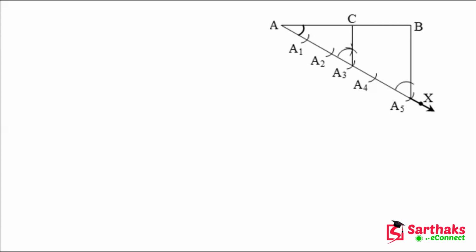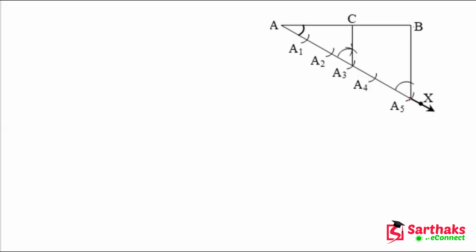We are joining BA5, and for the parallel line we draw A3C. So A3C is parallel to A5B. The construction of this parallel line is the same as in the previous method.